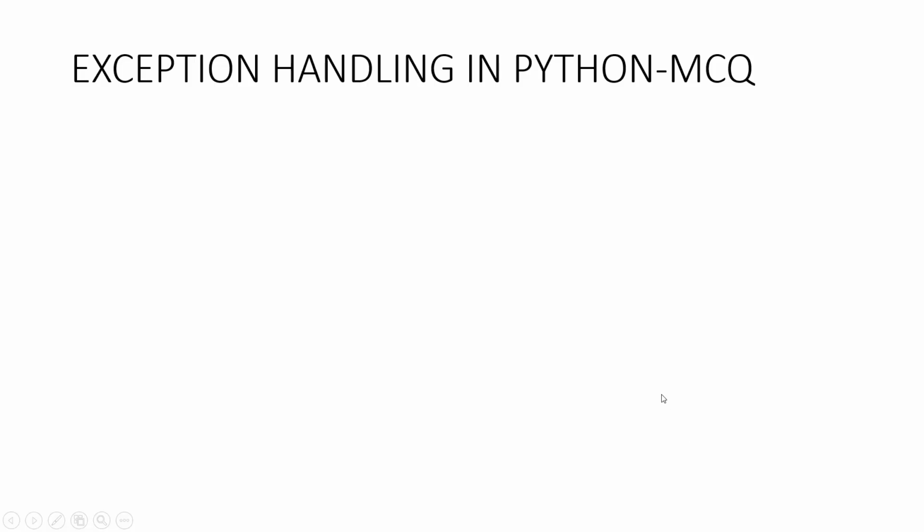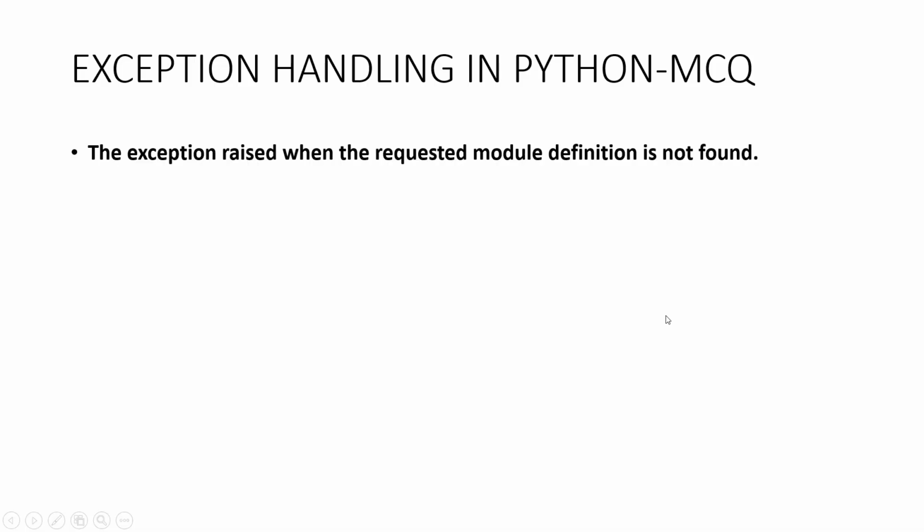Now let us see how the questions appear under MCQ. These are the questions that are present in your model question paper. The exception raised when the requested module definition is not found. The choices given are IO error, syntax error, import error, and index error.